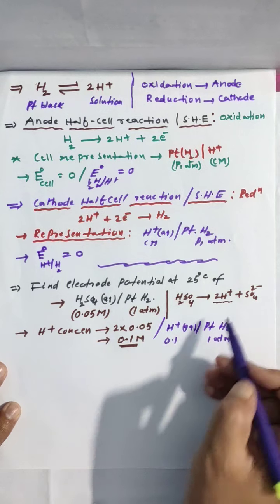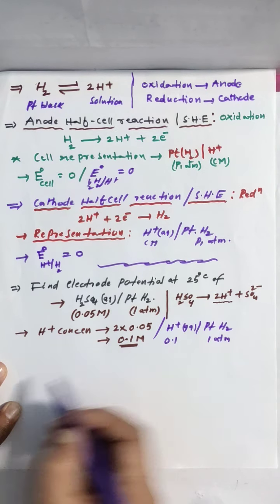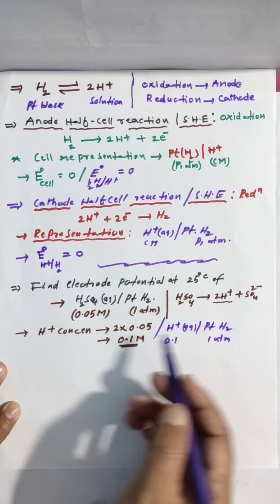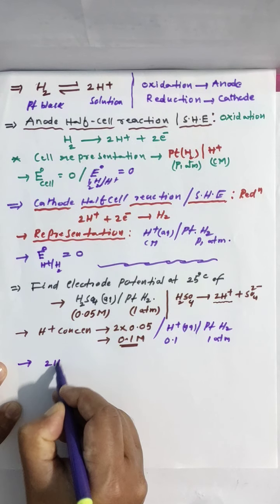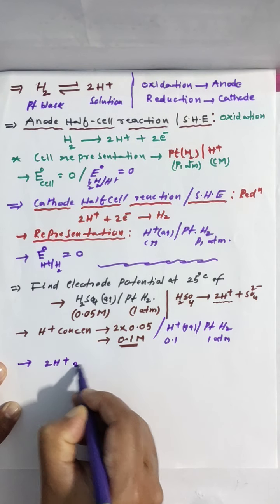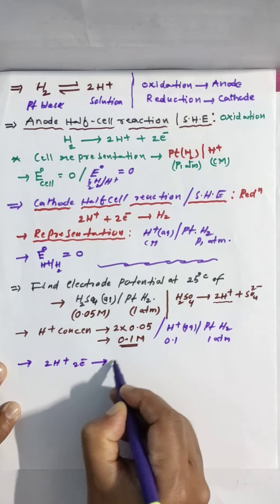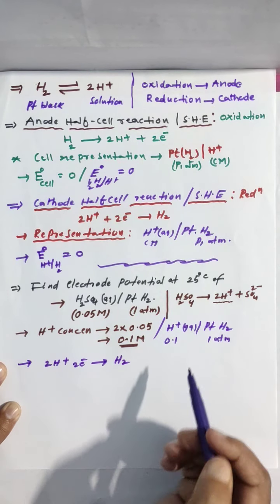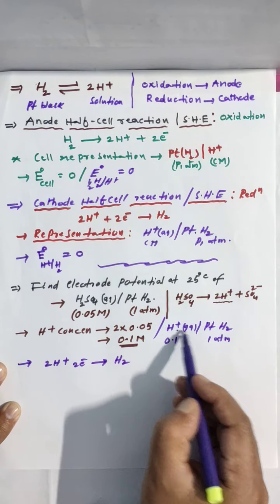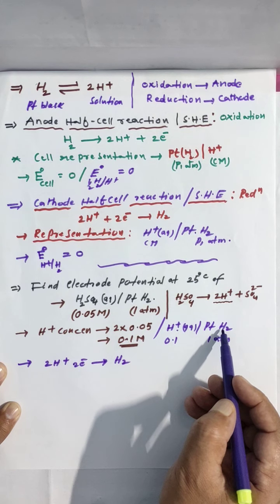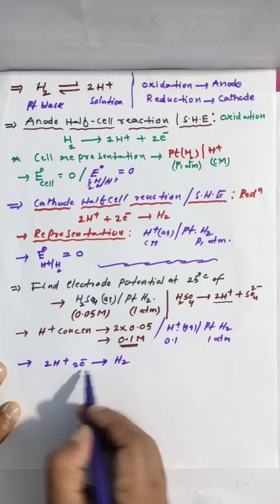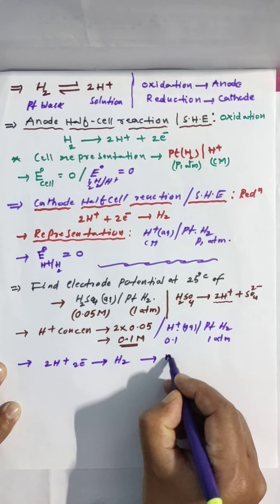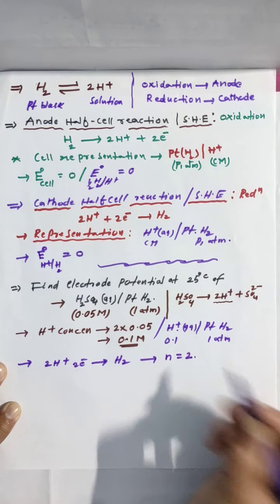Now how many electrons are needed here for H plus to H2? 2H plus taking 2 electrons giving rise to H2 gas. Because H plus to H2 in the cell, that's why we have 2 H plus. How many electrons do we need? 2 electrons. That's why the n value is 2.